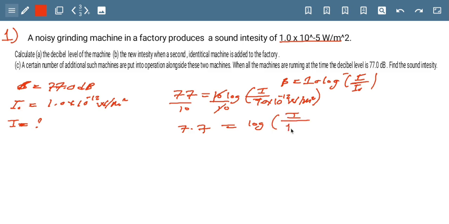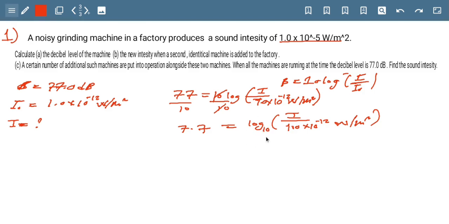Actually, you're supposed to include the units. So this is what we have. Then from there, you and I know that this log has base 10.